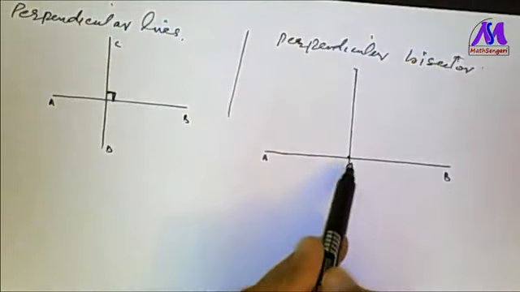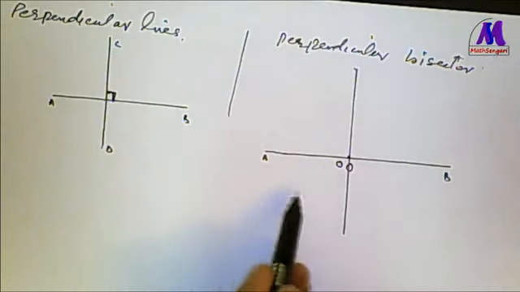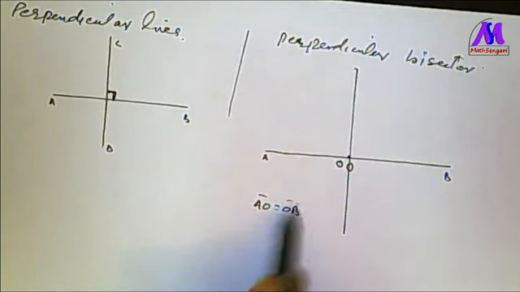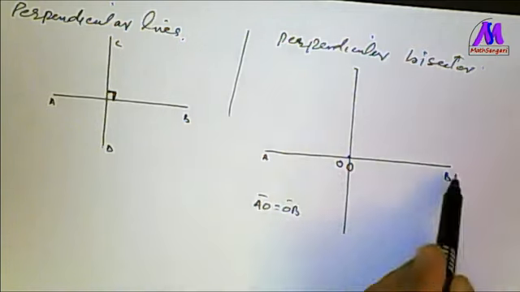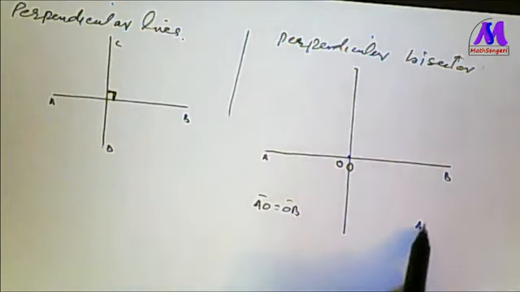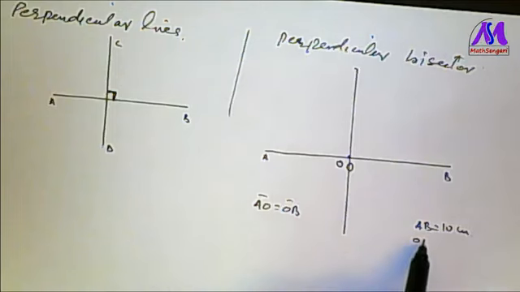O is the midpoint of both sides, which means AO will be equal to OB. For example, the total length of the line AB is 10 centimeters, then OA will be equal to 5 centimeters and OB is also equal to 5 centimeters.